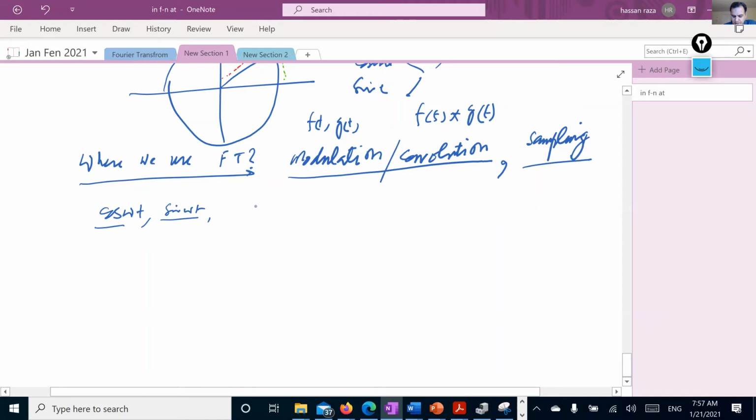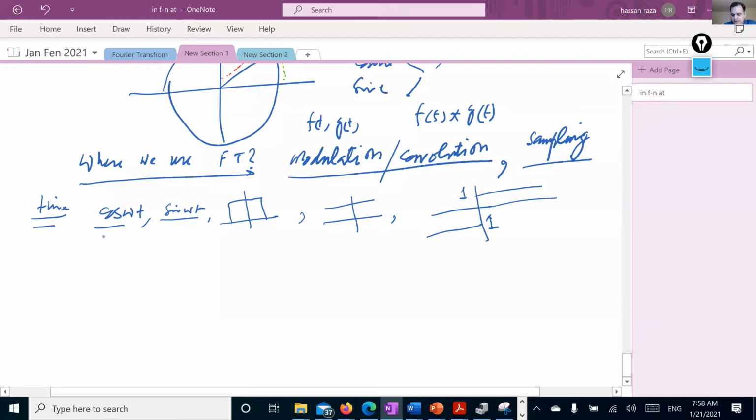These are all time domains, except that you can do a box, or a straight line, and there was another question that you have. So these were different types of questions to practice and understand Fourier transform.